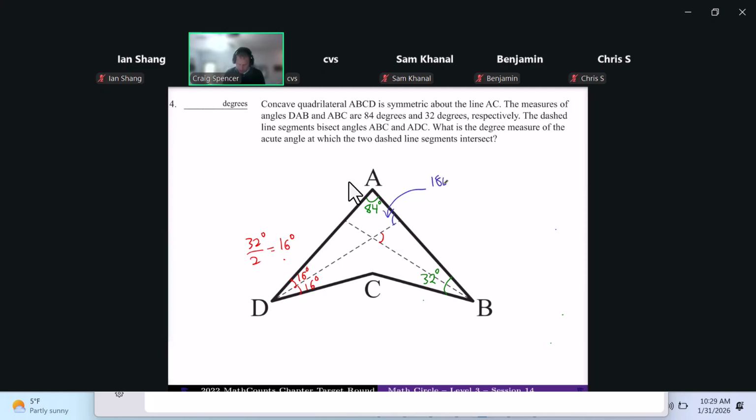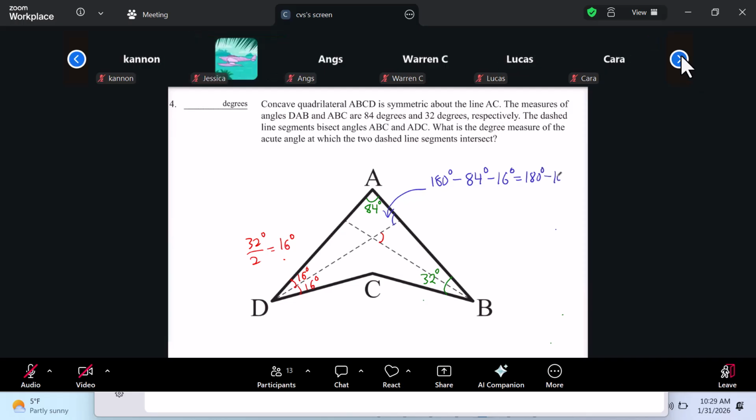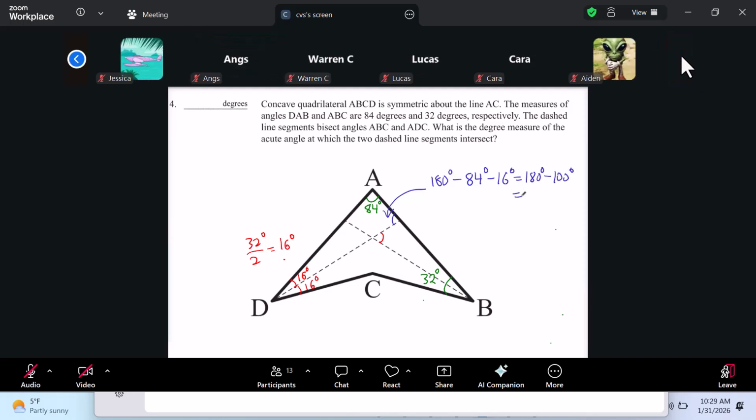So this is going to be 180 degrees, the sum of all three angles inside of a triangle, minus the two that I know, minus this 84 degrees and minus this 16 degrees. So effectively, I have 180 degrees minus 100 degrees. And again, you could use calculators here, and maybe don't even need to simplify until the last step, but we could find that this particular angle is 80 degrees.